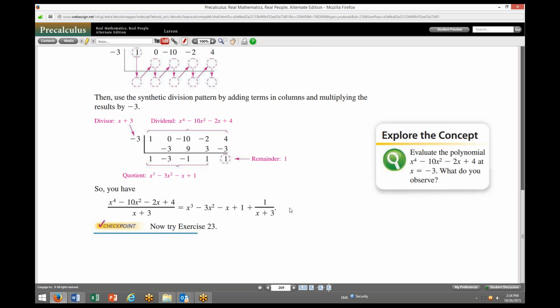And just as this is, class, right here, that's how you input into WebAssign. Your answer to this problem would be x to the third minus 3x squared minus x plus 1 over x plus 3. Okay, so that's synthetic division.